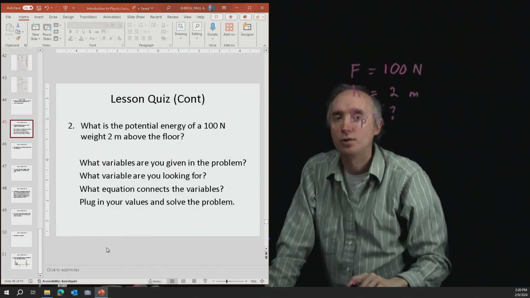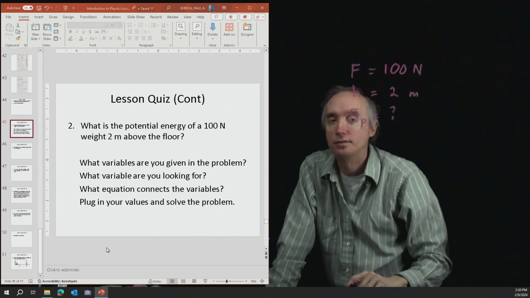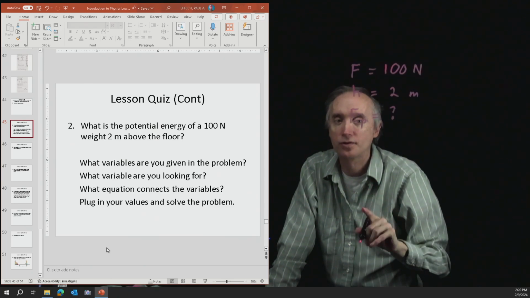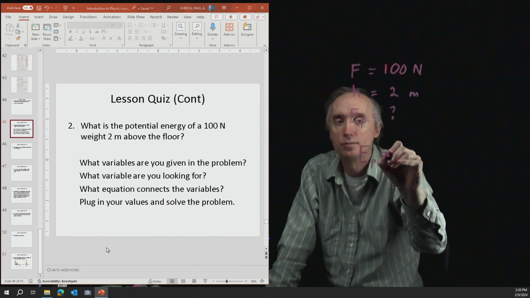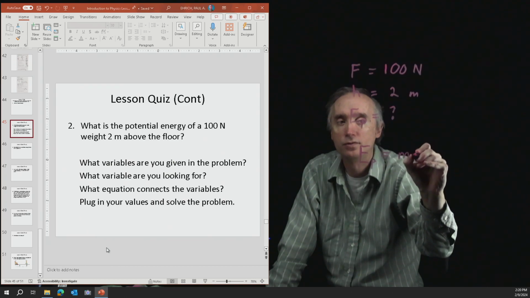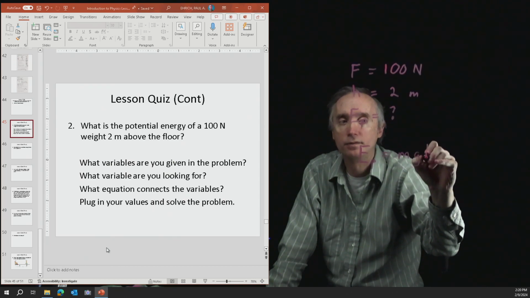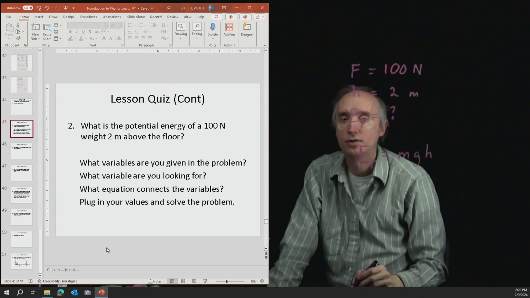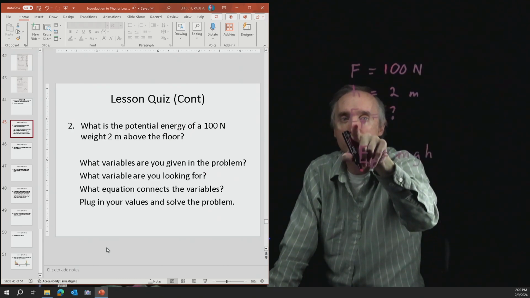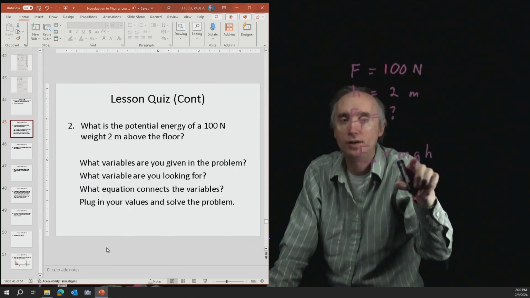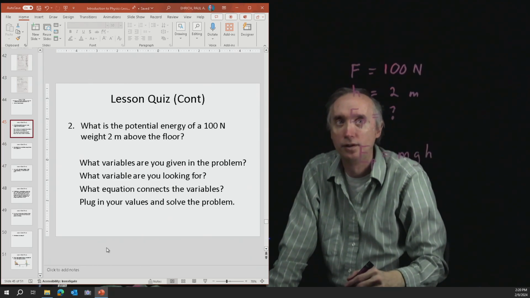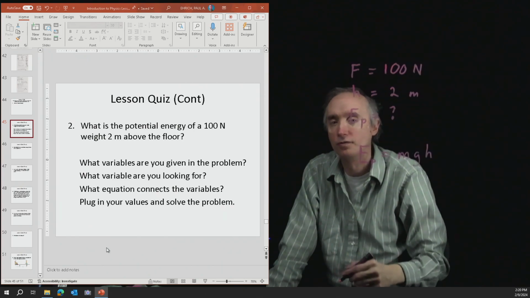All right, now what equation is going to connect the variables? Now this is kind of tricky. So the equation is going to be potential energy is going to be equal to mg and then the height. So I think that you can see here's the potential energy, here's the height, but we can't solve the problem because we don't know the force.